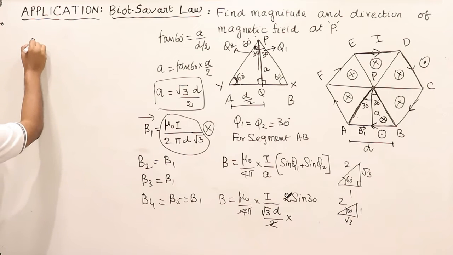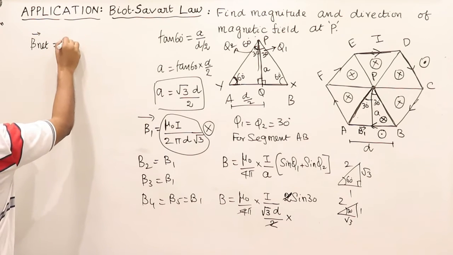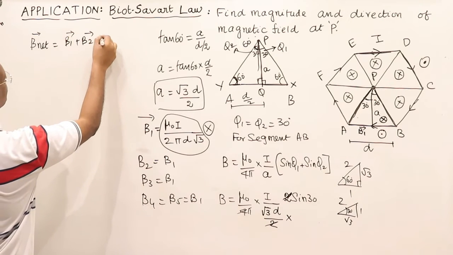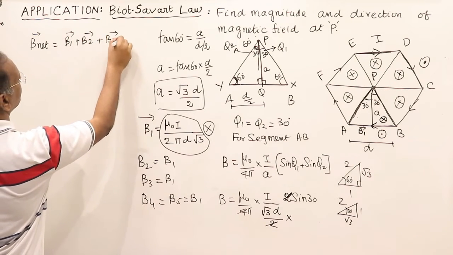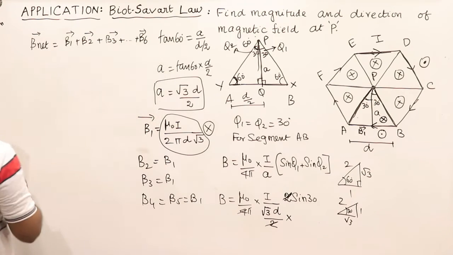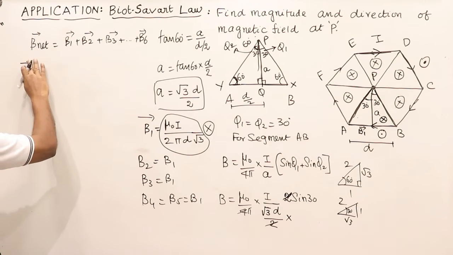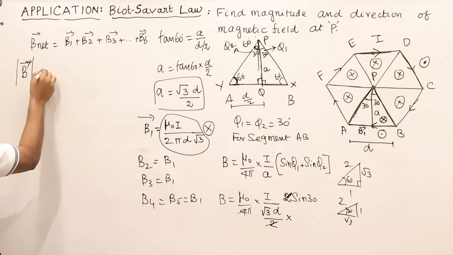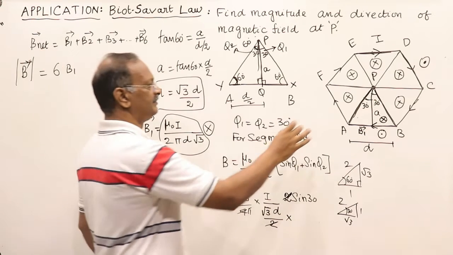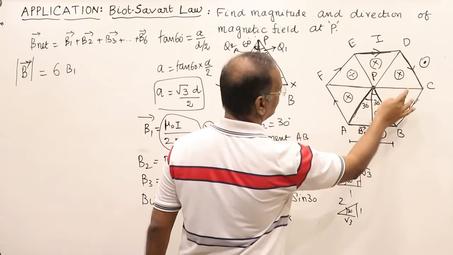Therefore, B net vector is equal to B1 vector plus B2 vector plus B3 vector up to B6 vector, or the magnitude of B is equal to 6 times B1. Why? Because each produces the same magnitude, this is 6 times: 1, 2, 3, 4, 5, 6.